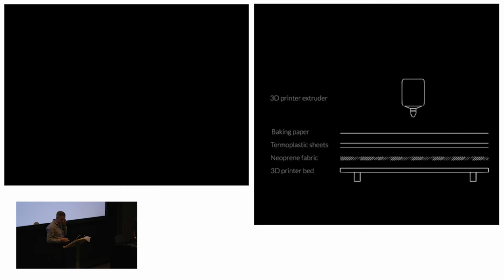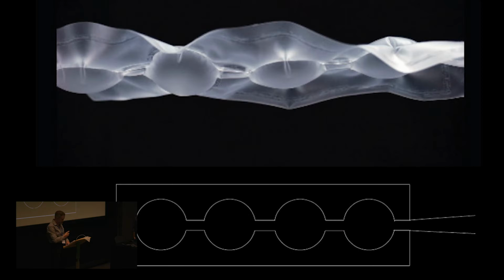We also use a neoprene fabric layer, woven in like this, to give some malleability to the composite, so we could apply more force to the plastic, and therefore the sealing gets stronger and more robust without tearing the plastic apart.